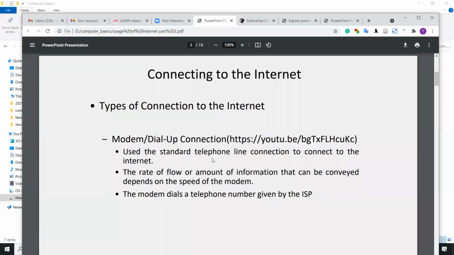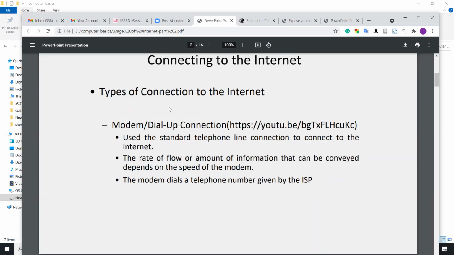Types of internet connections. At the beginning, we had dial-up internet connections. A very ancient model of internet connection, it used a standard telephone line to connect to the internet.